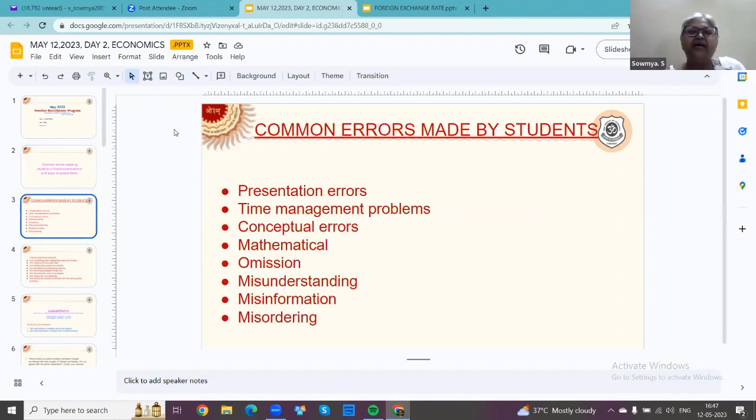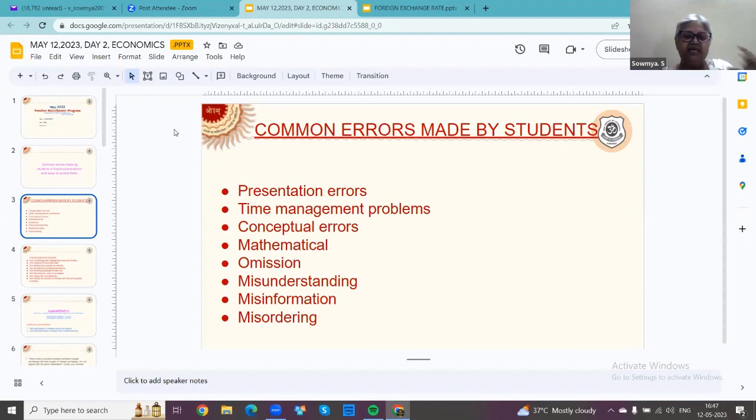So this is what I have noted from my side, not only in the school examination, even in the board examination. I feel that there are some presentation errors, right? When I say presentation errors, so many types are there, especially in our papers, economics, whether it is micro or macro.